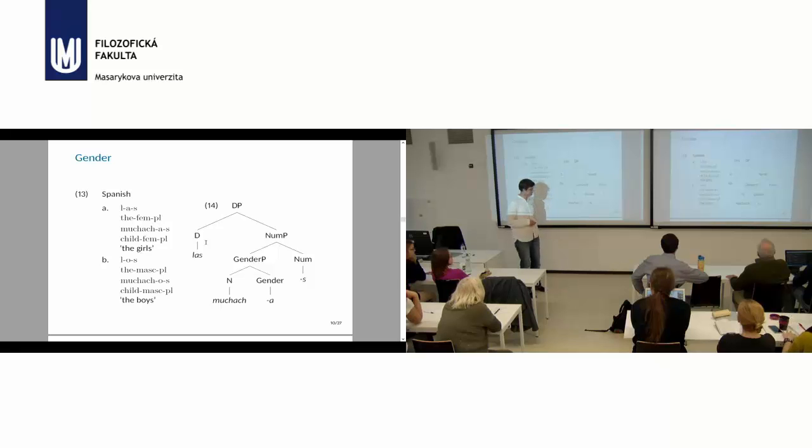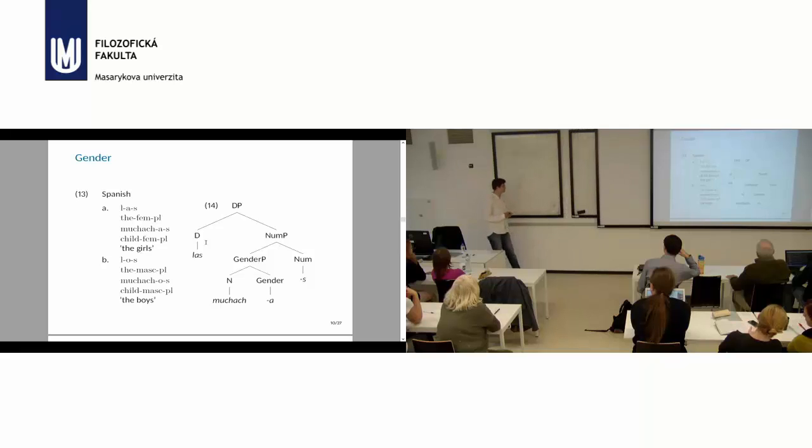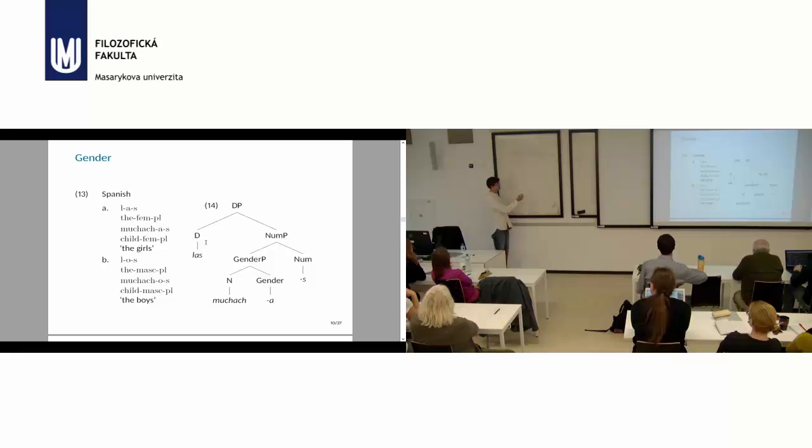Let me make use of this fancy technology. In general it has to do with concord. We know that there are languages where you put an adjective and a noun together and you have no concord, like in English, where you put an S here.